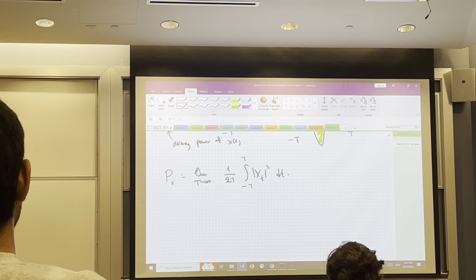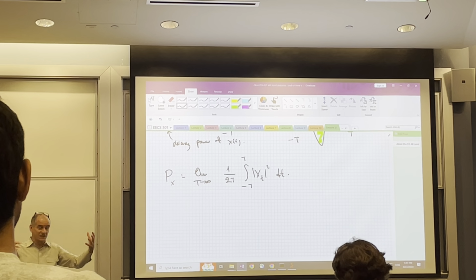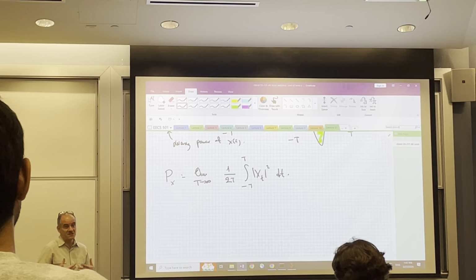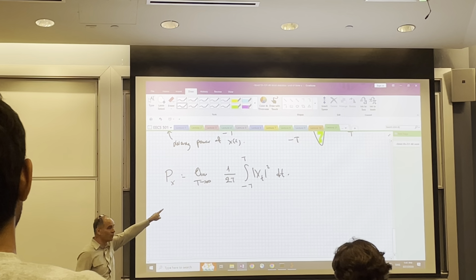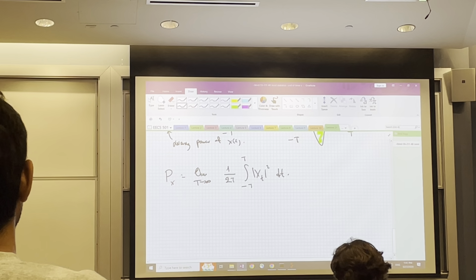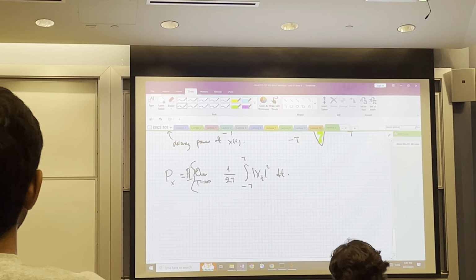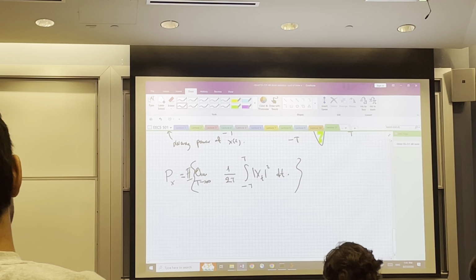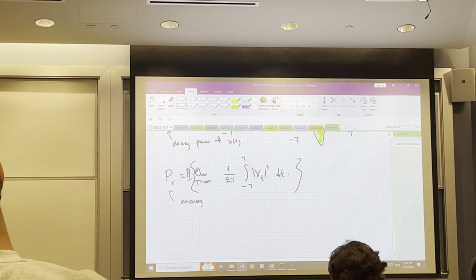X of t is a random process in general, right? That evolves in time. So if I integrate it, it's still some kind of random variable. So this thing is a random variable because it's a function of this random process. Okay? So someone asks me, what is the average power of your random process? I don't know what to say, it's a random variable. So for that reason, we define the power as the expectation of this. Okay? So that's our average power.